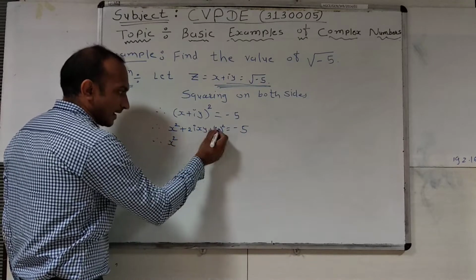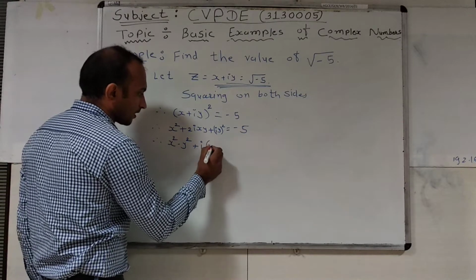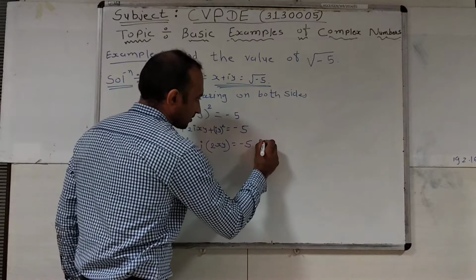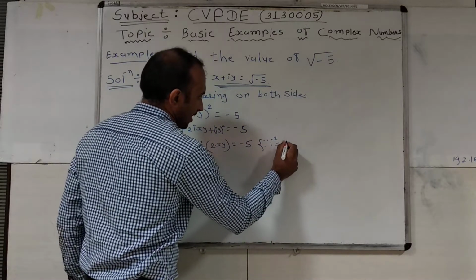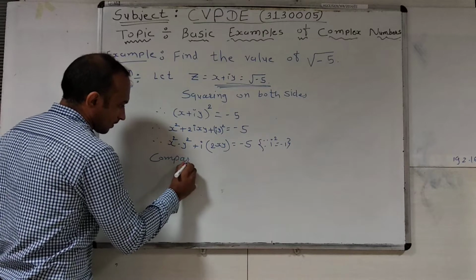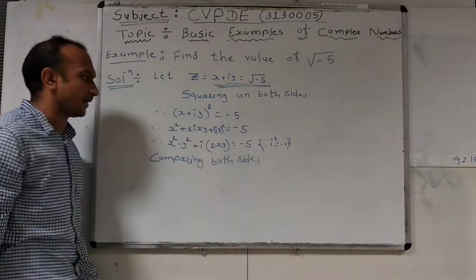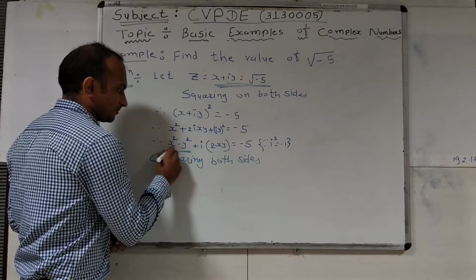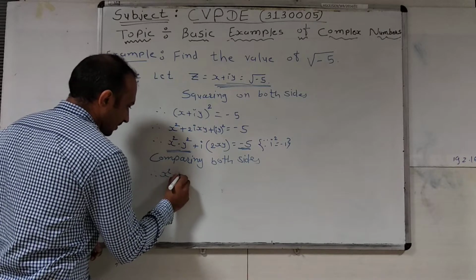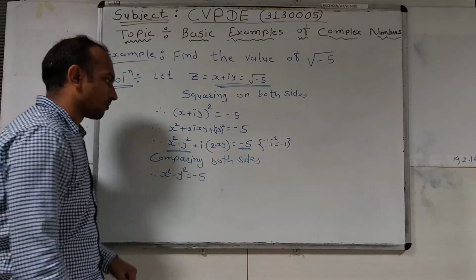So we get x square minus y square, plus iota i into 2xy, equal to minus 5. Now compare both sides. The terms without i on the left and on the right give x square minus y square equal to minus 5.